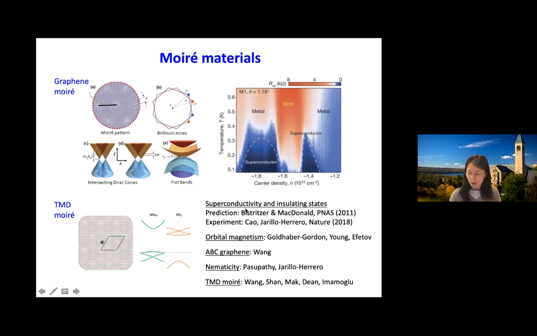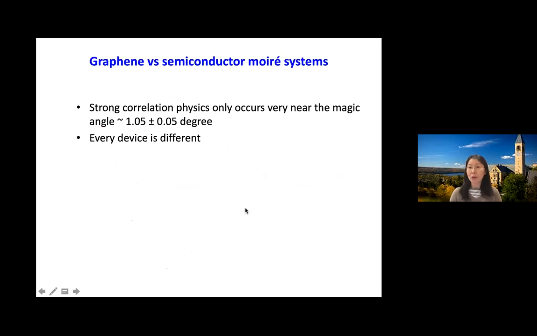So when we started this line of work, the question we asked ourselves is, can we make the correlation physics a little bit easier to access? Because correlation occurs in twisted bilayer graphene only near this so-called magic angle around 1 degree.